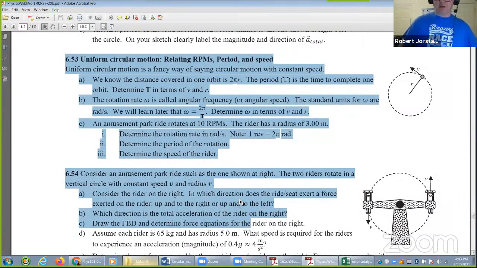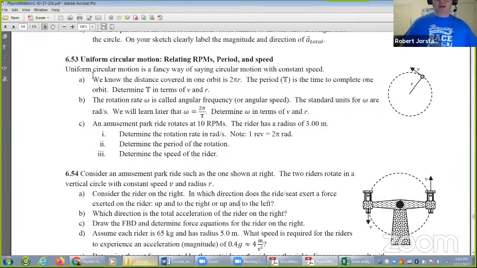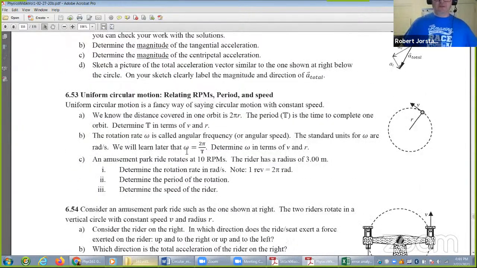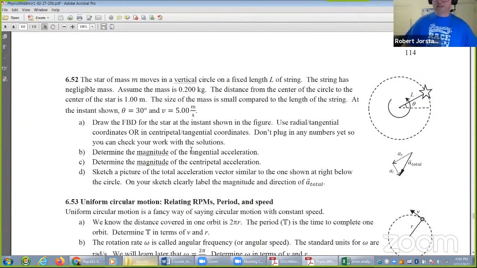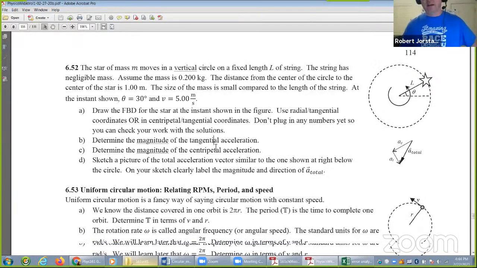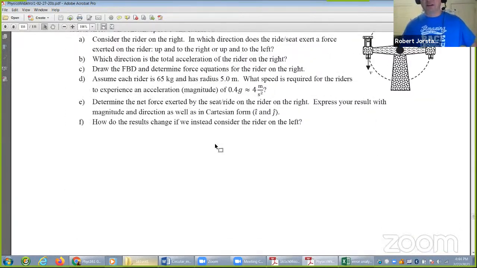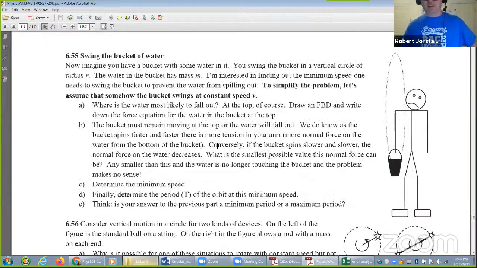I think they're great problems, but these first couple, 652, 53, 54, basically everything on page 114, there is no shame at all in having the solutions open while you do those. And then hopefully after doing those, you can put the solutions away and attack things by yourself.